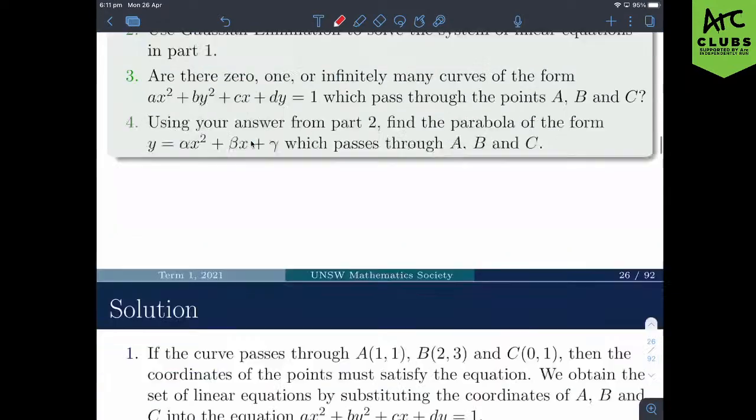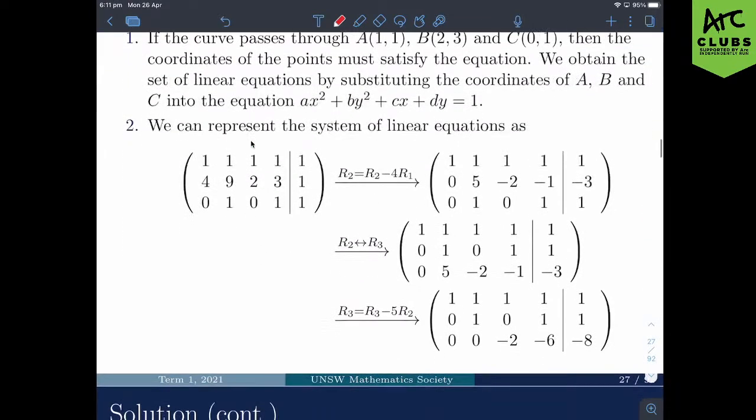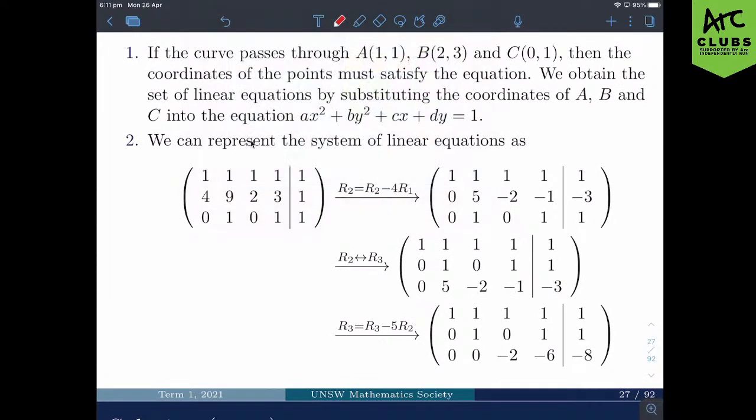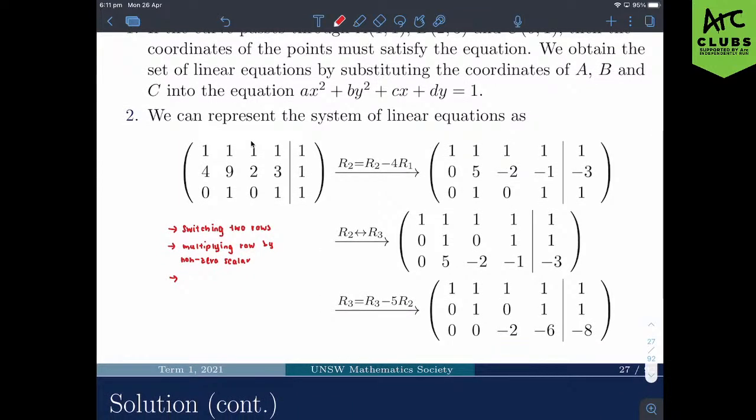in part 1. So I hope you remember your elementary row operations, but just in case you've forgotten, the possible row operations that we can do are switching two rows, multiplying a row by a non-zero scalar, and also adding a multiple of one row to another.